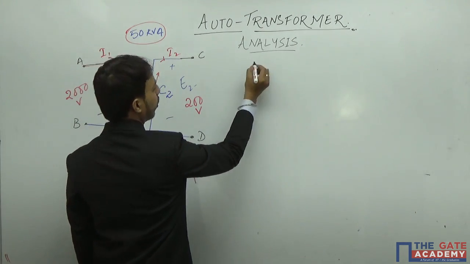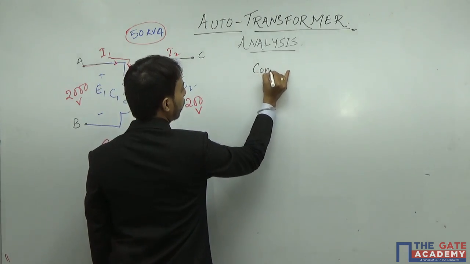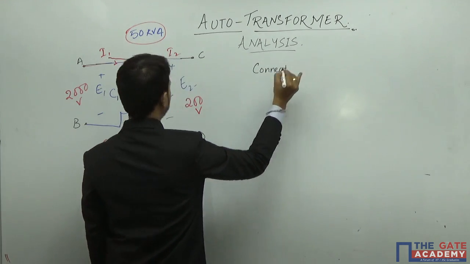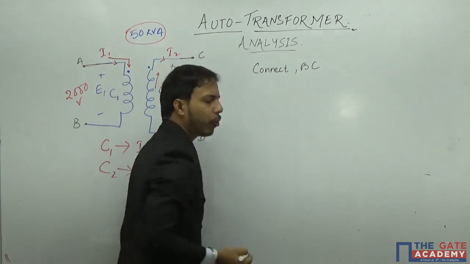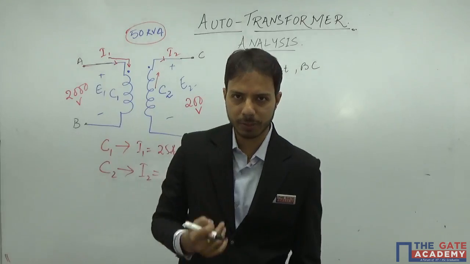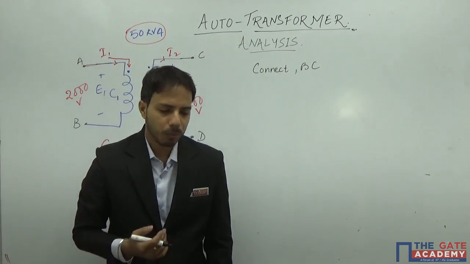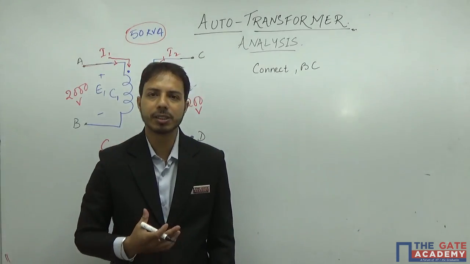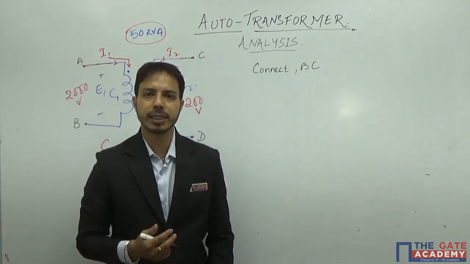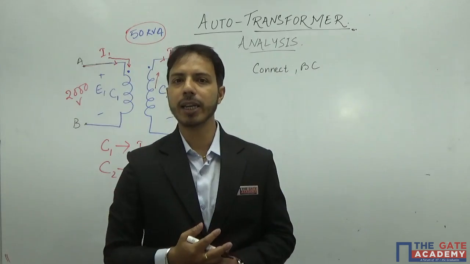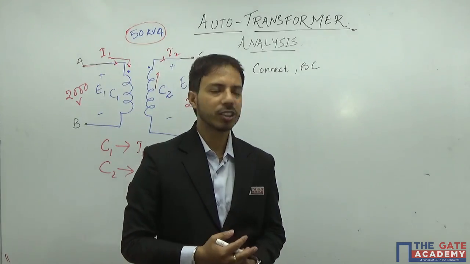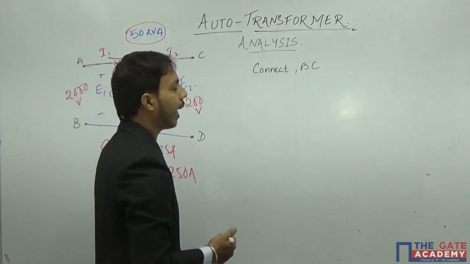So let us connect B and C. Before I connect it, I must tell you that the possible output voltage levels can be divided into 2 parts: I can connect them by additive polarity or by subtractive polarity. So first of all, let us see how to connect them with additive polarity.